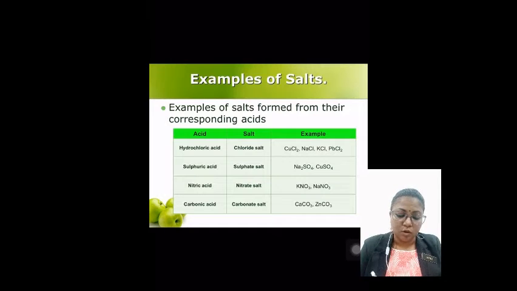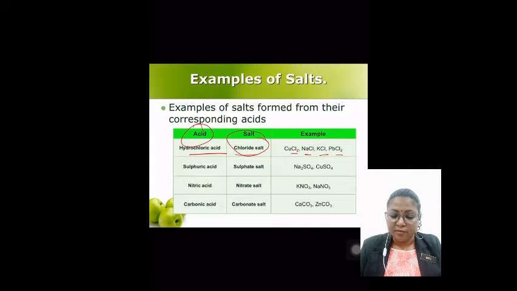Okay, now we go for the examples of the salt. For examples of the salt, always look at the acid. What acid you have is what gives the type of the salt. So, if hydrochloric acid, chloride salt. Then look at the example. You have chloride. When you have something like this, it is actually giving the type of the salt.